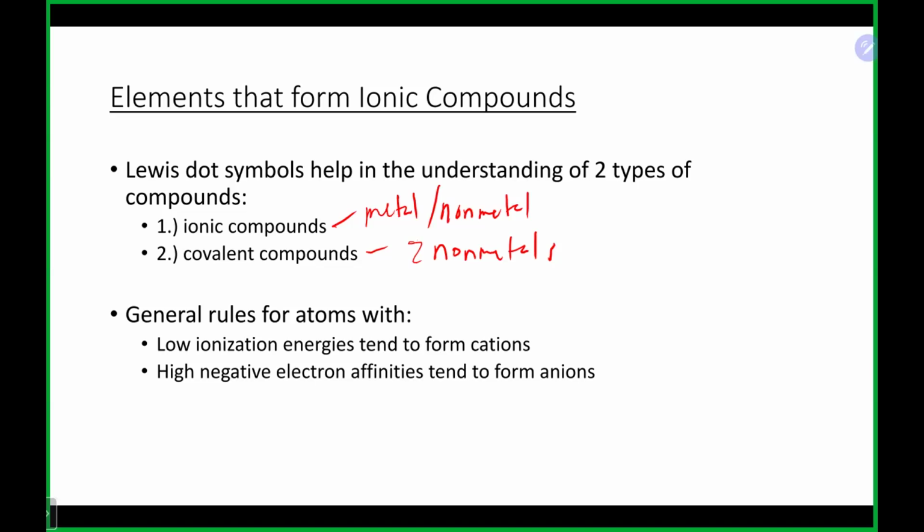Things with high negative electron affinity tend to form anions. Remember, electron affinity is the energy change that occurs when somebody gains an electron. If you have an affinity for something, you like it. So if you have high electron affinity, that usually means you like to gain electrons. Those are our nonmetals that are going to form those anions.